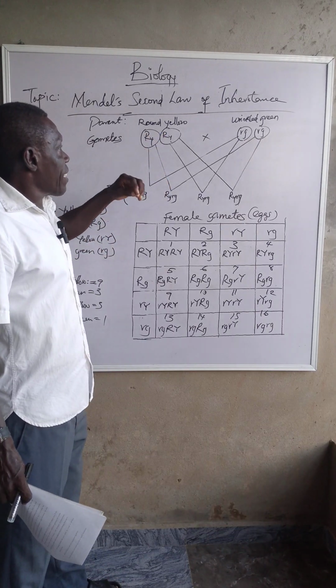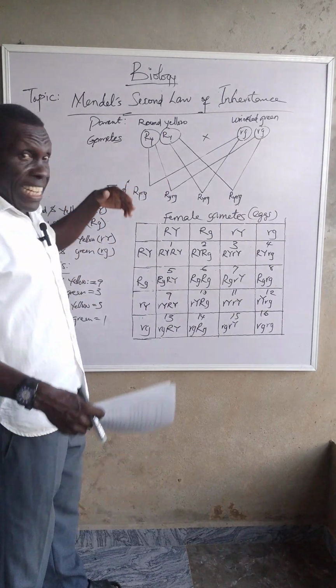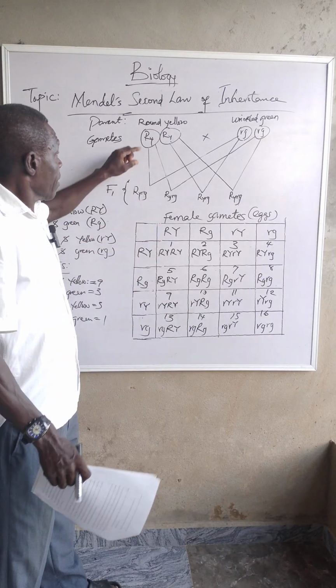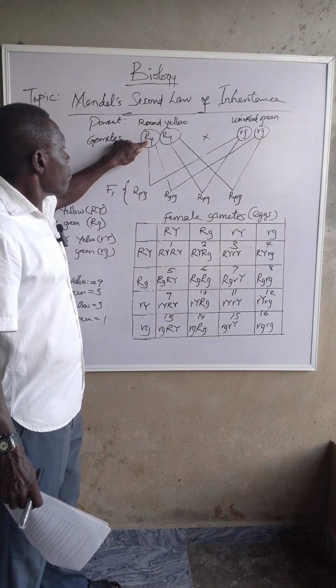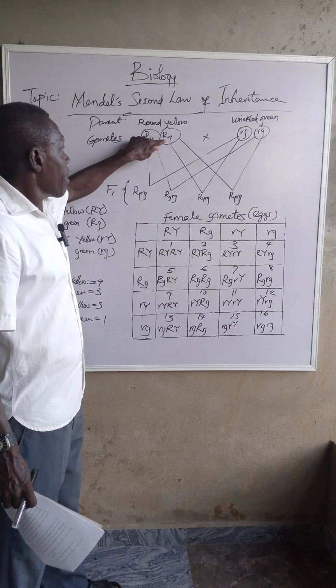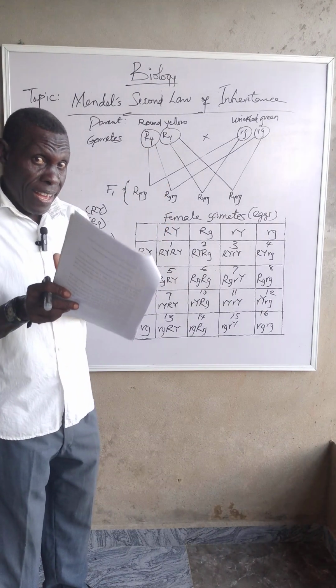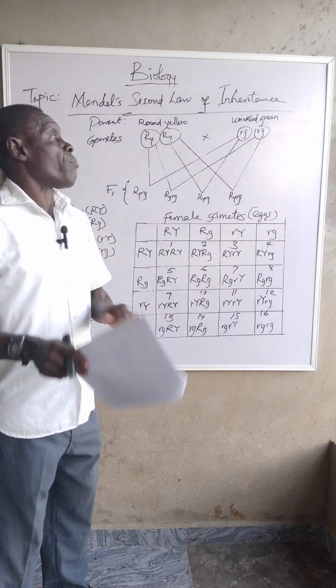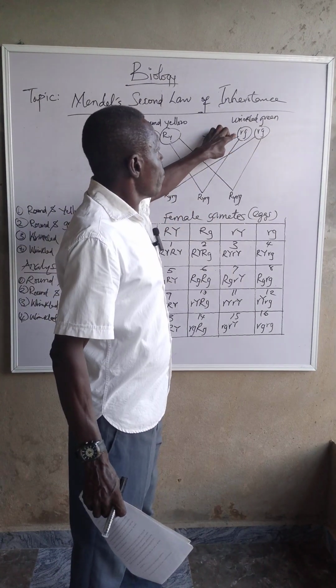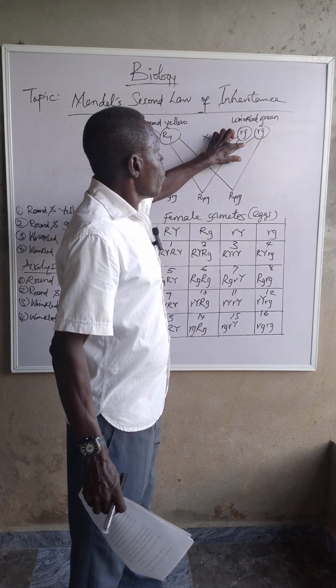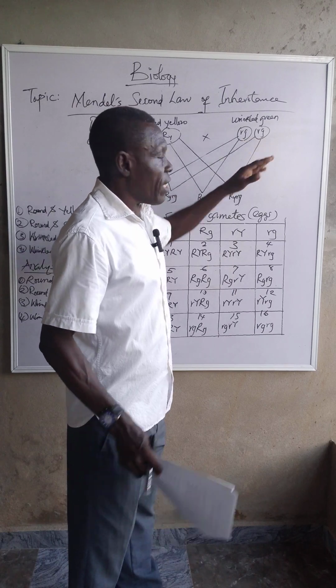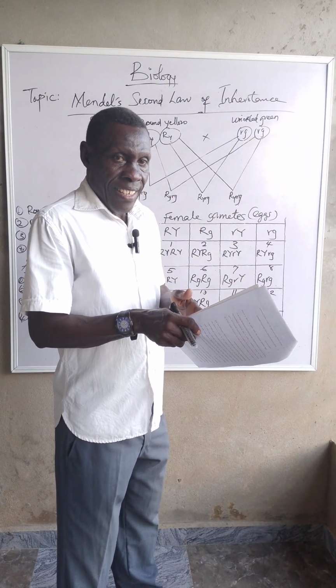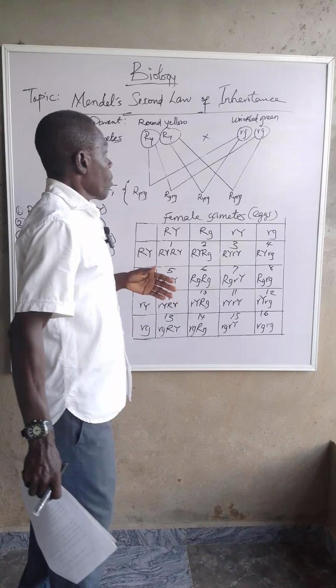Now with this, it means that the genotype of the gametes, that is the sex cells, will be capital R, small y, capital R, small y, because it's always a pair of genes in the chromosome. This also we have small r, small g, small r, small g, a pair of genes contained in the chromosome.